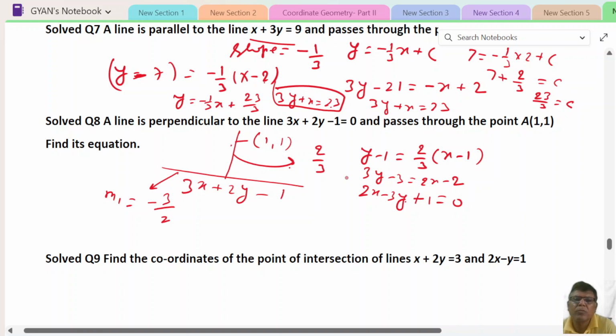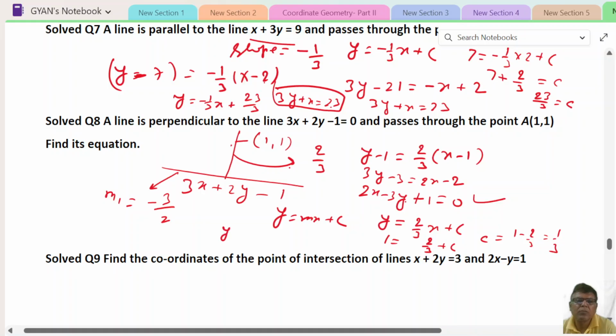One more way: y is equal to mx plus c. The value of m is 2 by 3, so y is equal to 2 by 3 x plus c. Now it is passing through 1, 1. So 1 is equal to 2 by 3 plus c. So c is equal to 1 minus 2 by 3, that means 1 by 3.